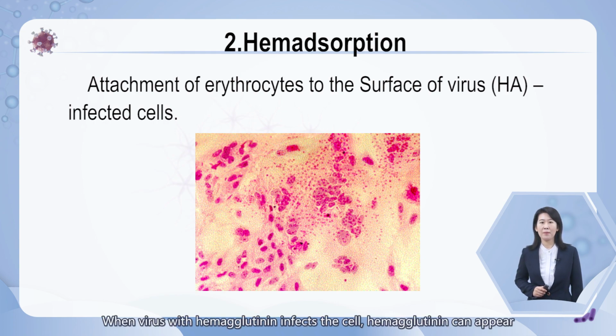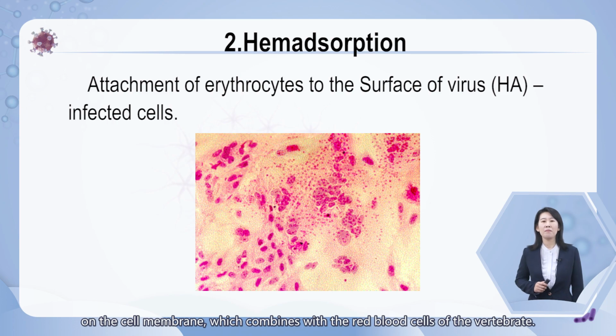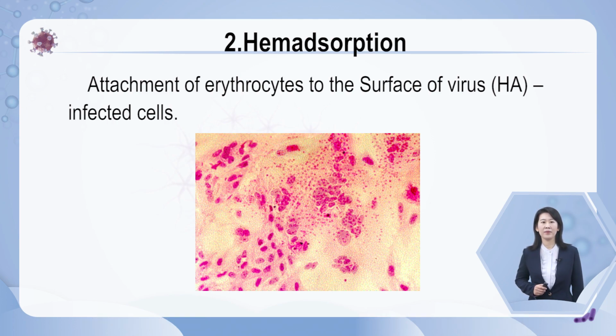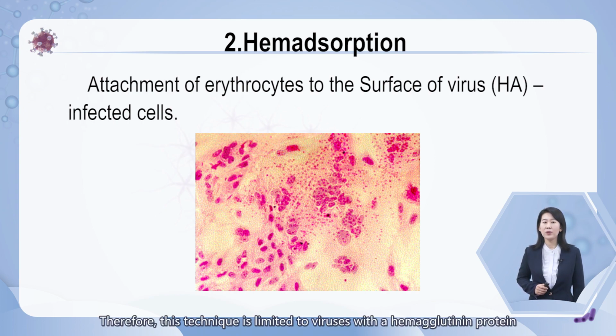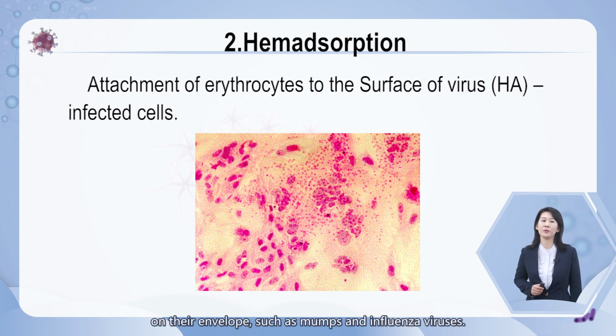When virus with hemagglutinin infects the cell, hemagglutinin can appear on the cell membrane, which can bind with the red blood cells of the vertebrate. Therefore, this technique is limited to viruses with a hemagglutinin protein on their envelope, such as mumps and influenza viruses.